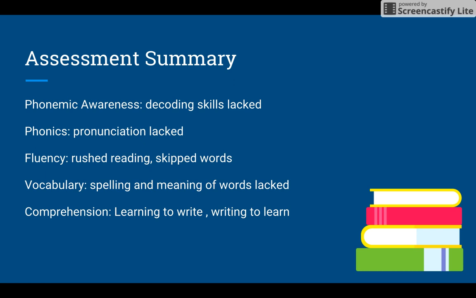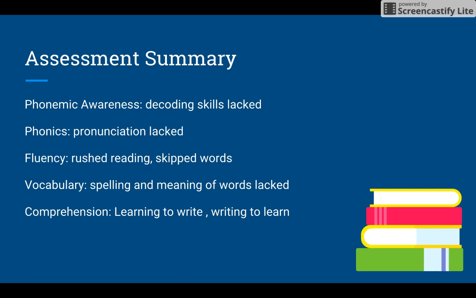It was apparent that in the phonemic awareness area, her decoding skills lacked. In the area of phonics, her pronunciation also lacked. Her fluency, which I tested using the DORF, she rushed through her reading and skipped a lot of words, as well as lacked proper pronunciation.